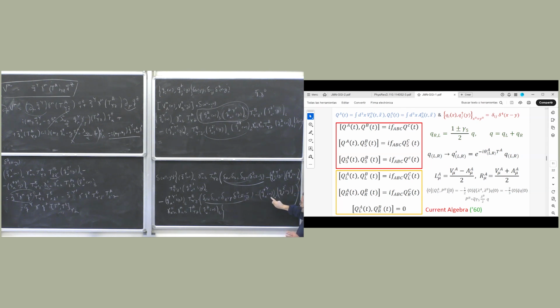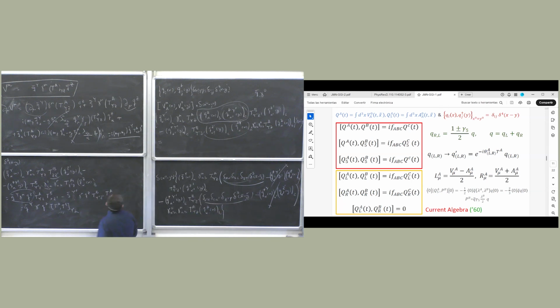These and these contributions, they cancel, exactly. Okay? You can check that the other two, they cancel. They have opposite signs and they cancel. Okay? So then automatically what we have shown, so this contribution here, the one that comes from here, it cancels exactly with the one that comes from here.